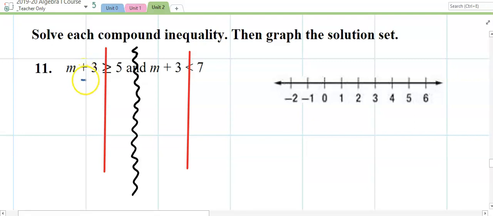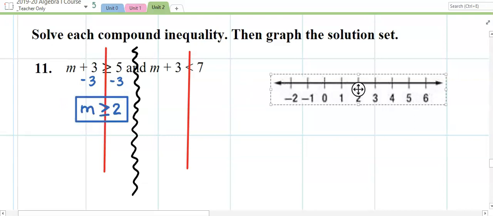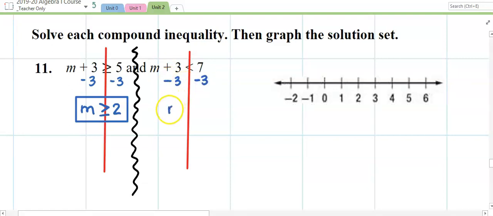On the left side, I'm going to subtract 3. So I have m is greater than or equal to 2. On the right side, I'm going to subtract 3. And I have m is less than 4.